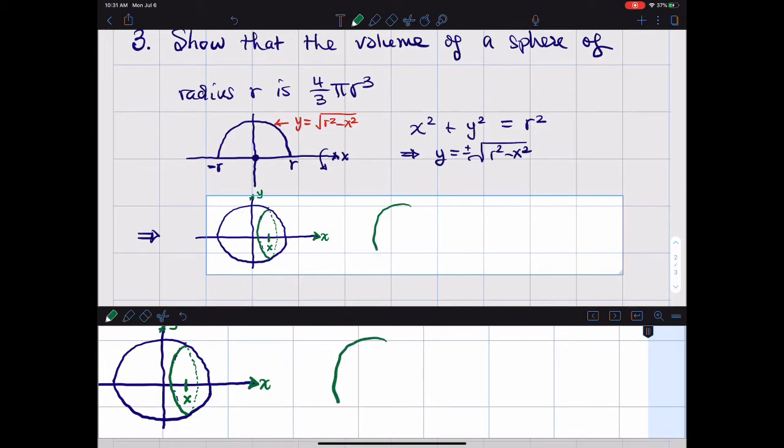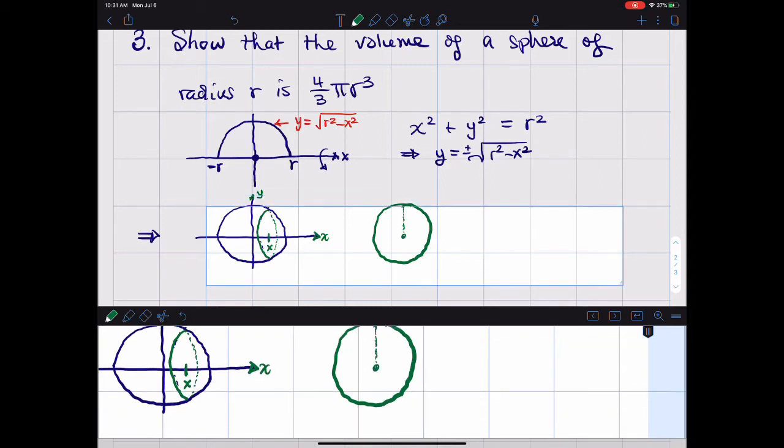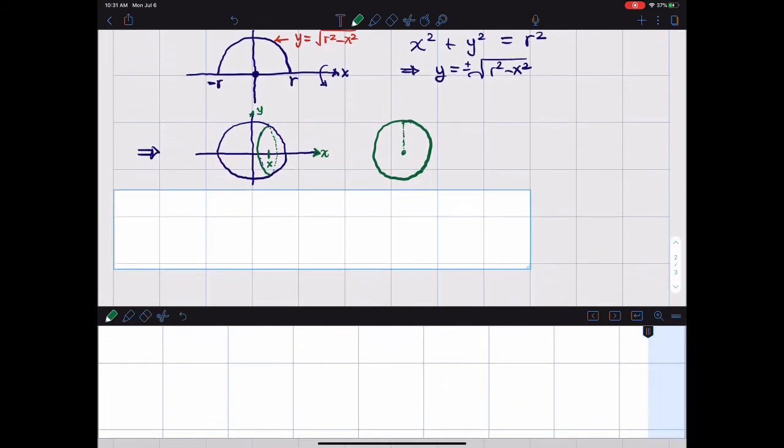Now I want you to look for the area of this slice, surface area, or you can think of it as the volume if you multiply by dx. So what's the radius, etc. So you now set it up. You now do everything as we did.